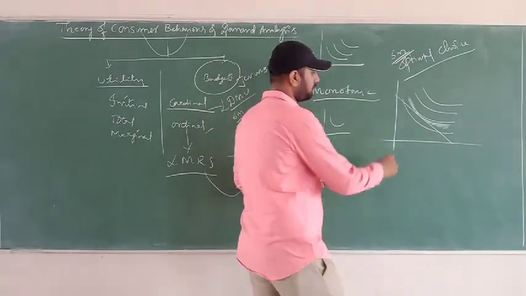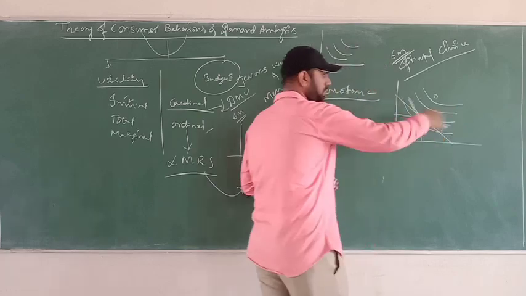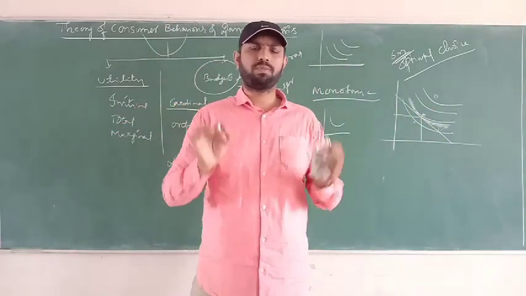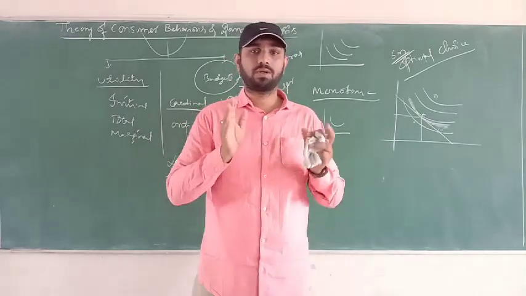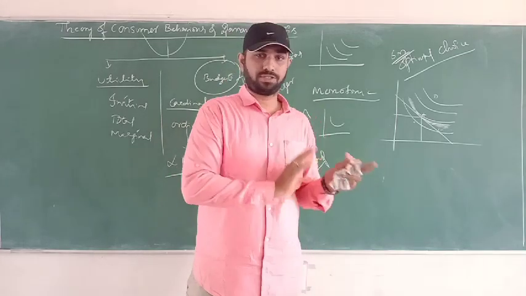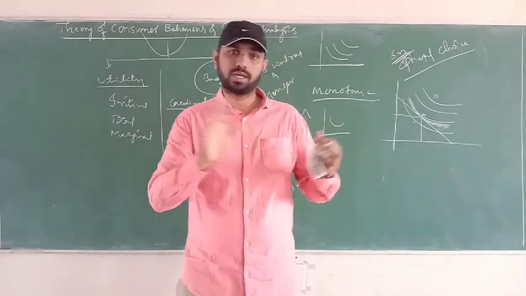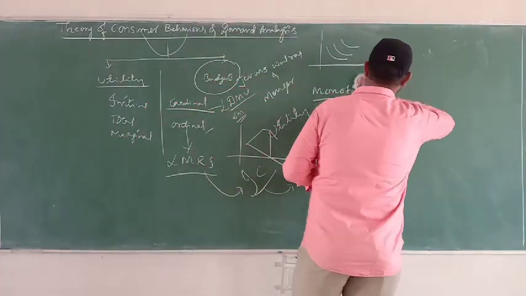So when you have a number of options like A, B, C, D, E, among these you need to come up with one particular choice, which is called the optimal or best choice. Here the topic of consumer behavior ends with the optimal choice of a consumer after the budget line shifts and all.